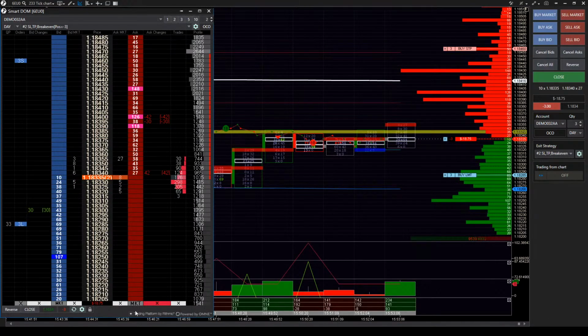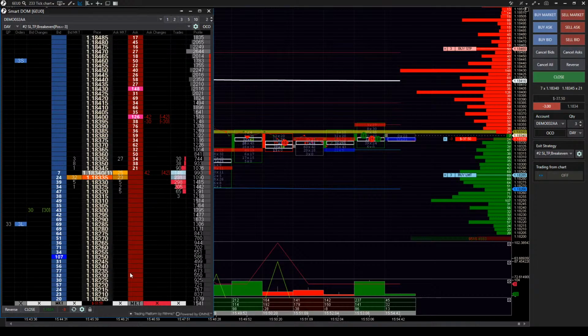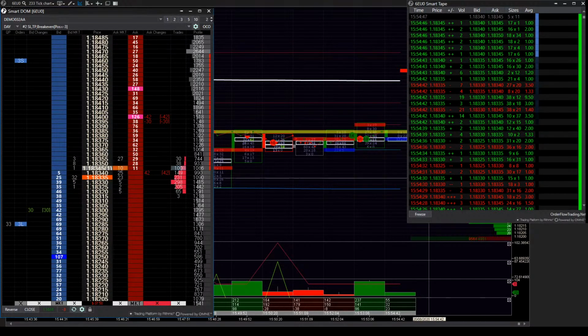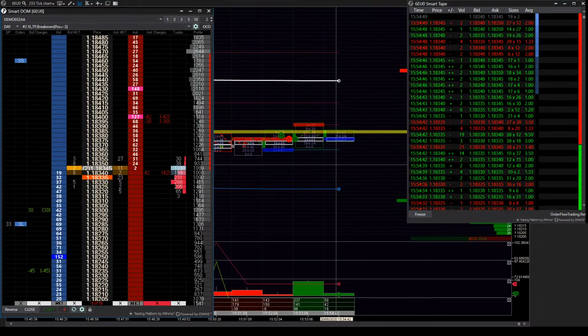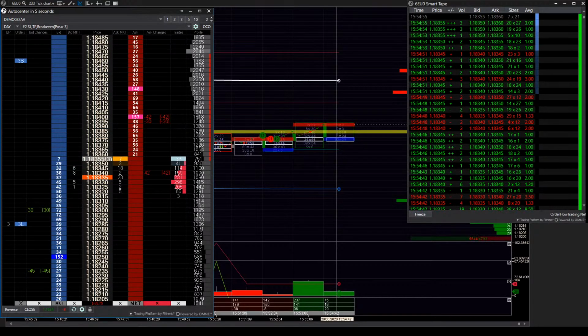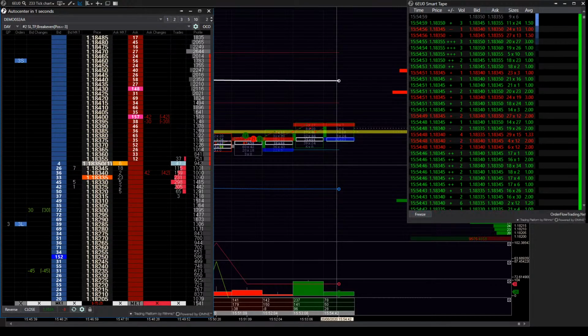You can see the tape here. Let me bring up the tape so you can see what's going on in real time, what's being bought and being sold. You can see the price is now moving higher against us a little bit.